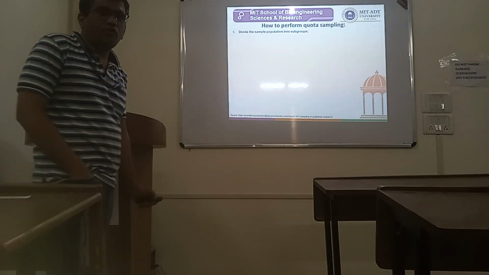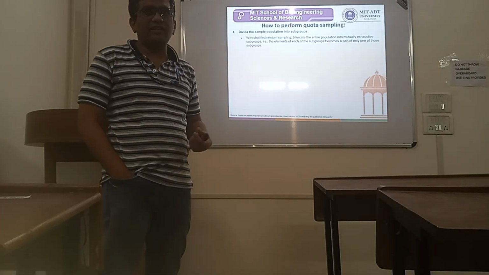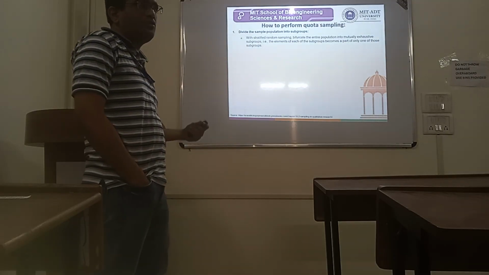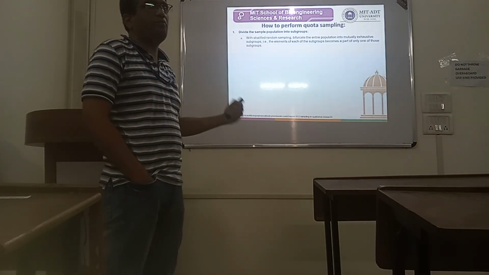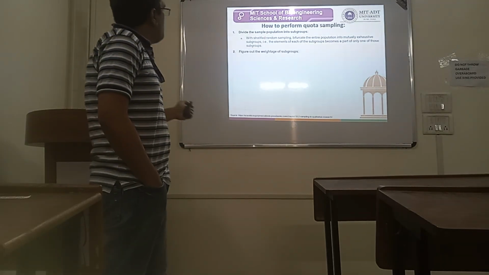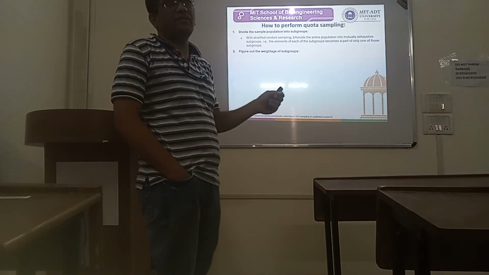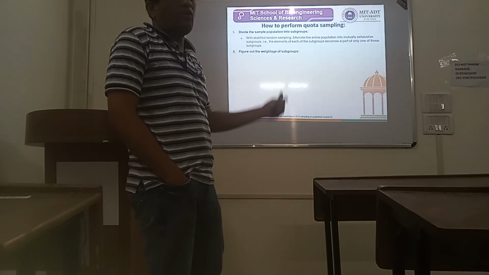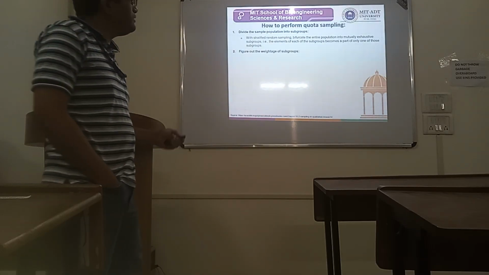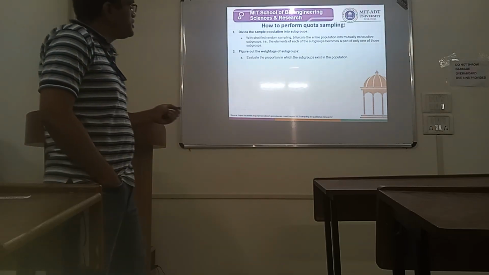So how to perform quota sampling? First, divide the population into subgroups. Decide your categories, decide the qualities which you want in your samples, and distribute the population one by one into subgroups. Then find out the weightage of each subgroup, which quality is more important than another. Enlist the qualities as per weightage and rank them by giving a ranking number, and evaluate the proportion.